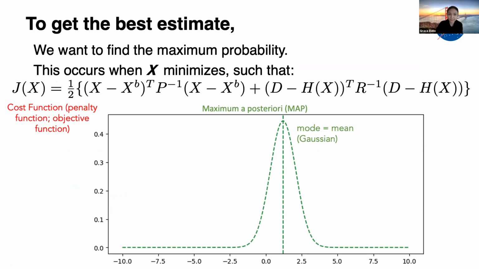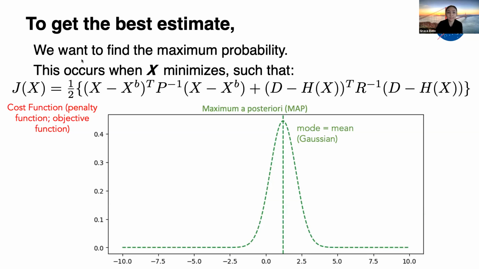To get a best estimate from the posterior probability, what we typically do is take the maximum probability of our PDF, basically the mode, and when you assume a Gaussian distribution, the mode is just equal to the mean.